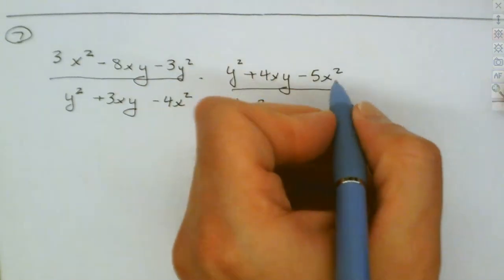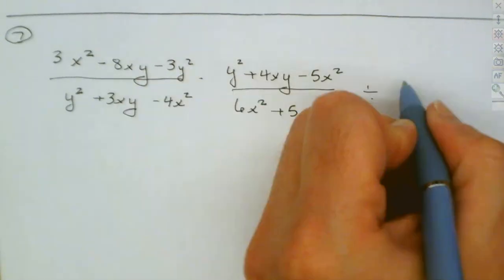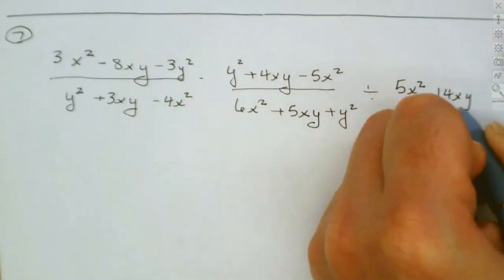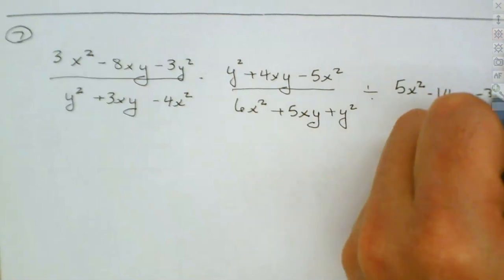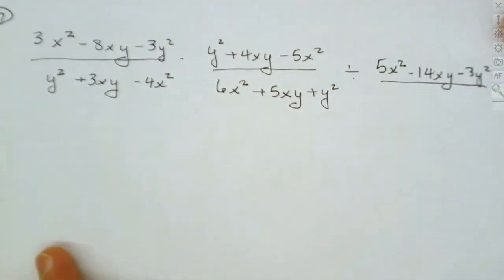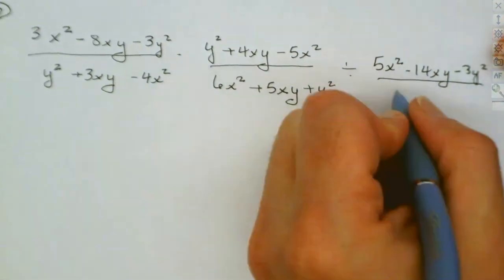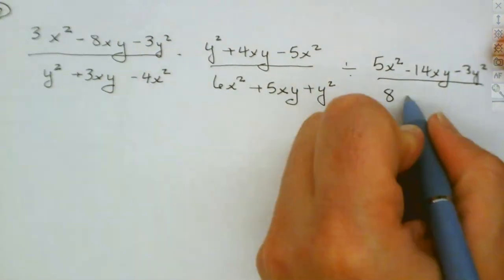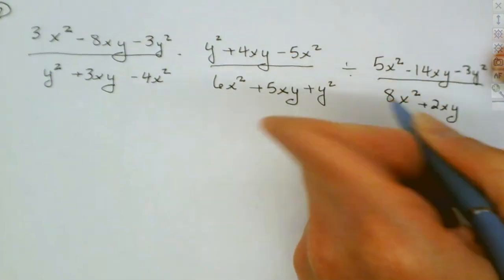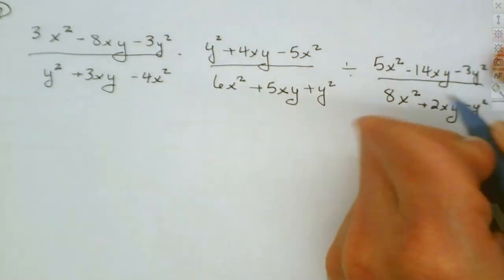And then we're going to be dividing that by 5x squared minus 14xy minus 3y squared. And this is a lot of writing. They're actually pretty easy to factor. But we're going to have to factor every single one of these out. 2xy minus y squared.